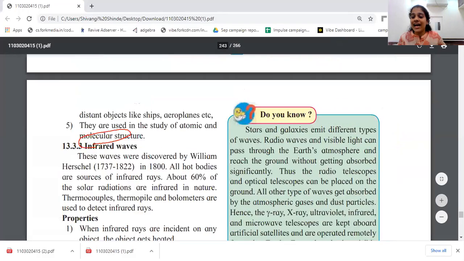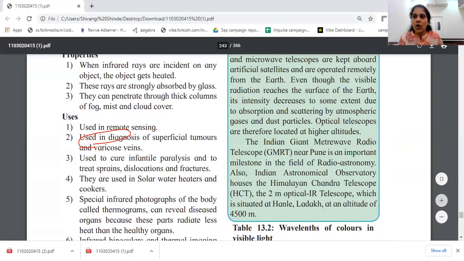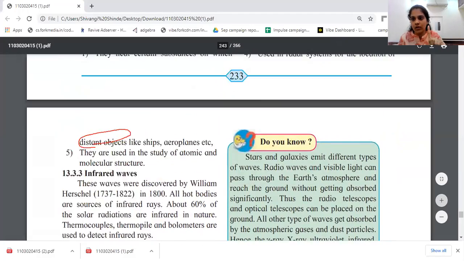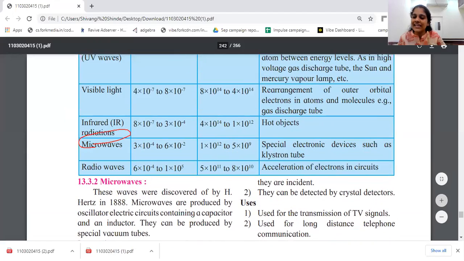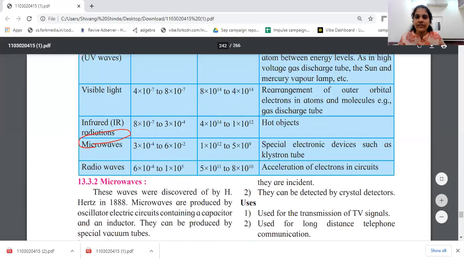Now I told you all this last time as well. There is no need to remember both the columns. You are just supposed to remember one column. The other one you can easily find using the formula lambda is equal to c by f, or lambda is equal to c by nu.